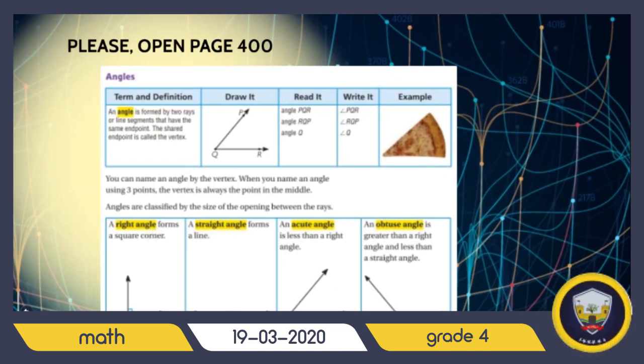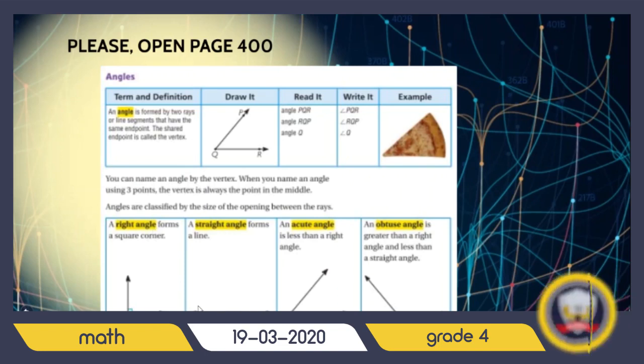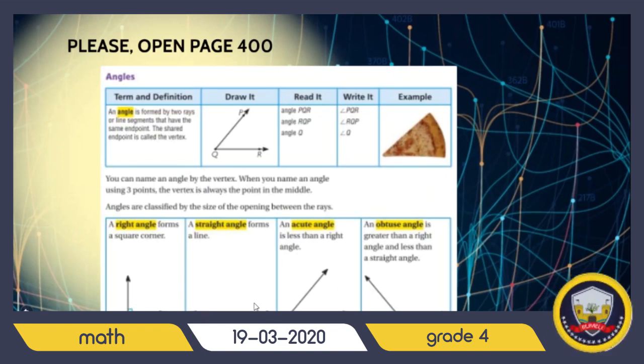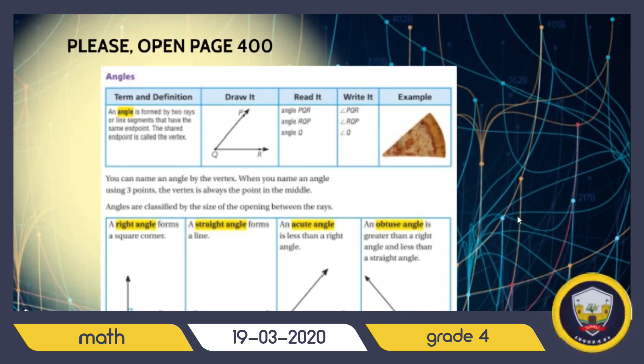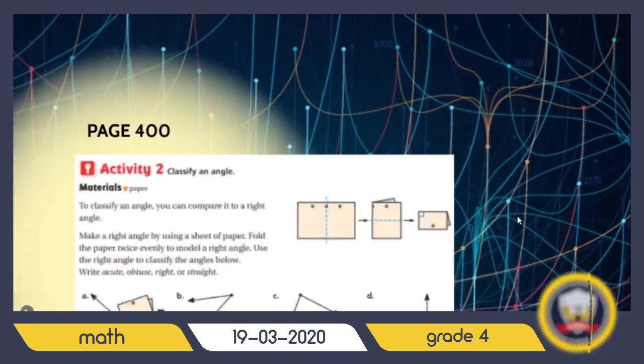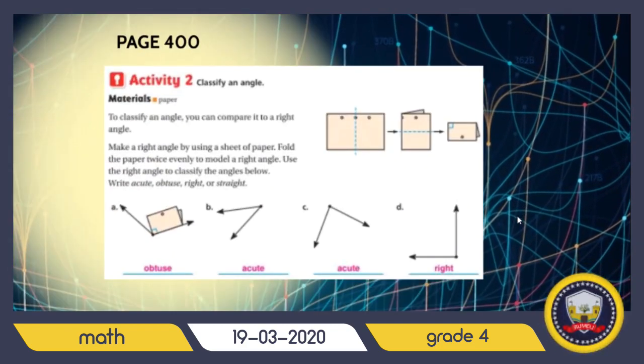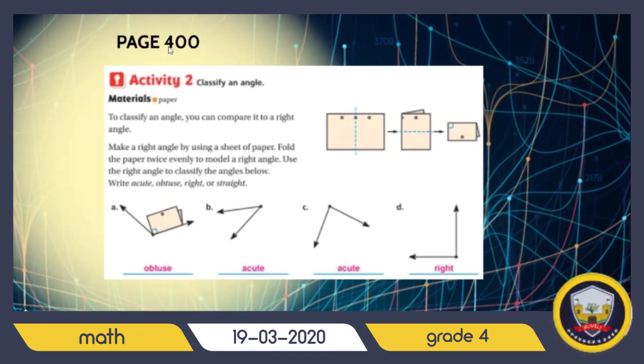So if it is just straight like a line, we will say this is a straight angle. Acute angle represents less than a right angle, and obtuse angle is greater than a right angle, right? But this is less than a straight angle. Okay, good job.